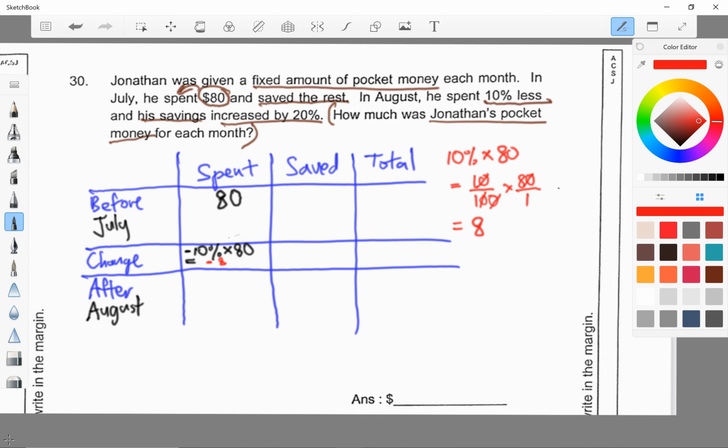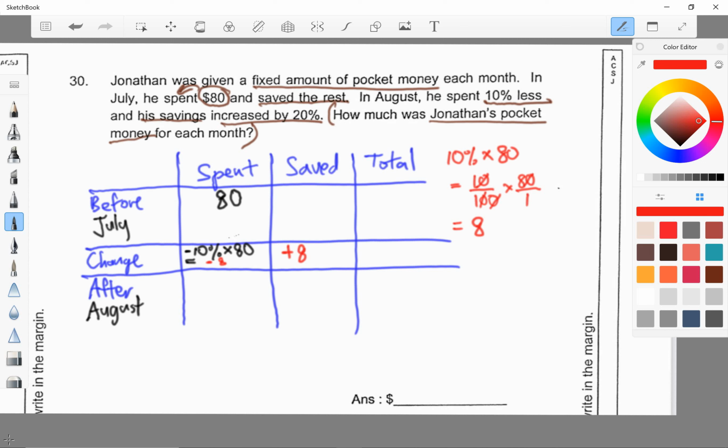So if Jonathan spent $8 less, this means that Jonathan got to save $8 more. So under the change row directly below the saved, it must be plus 8.